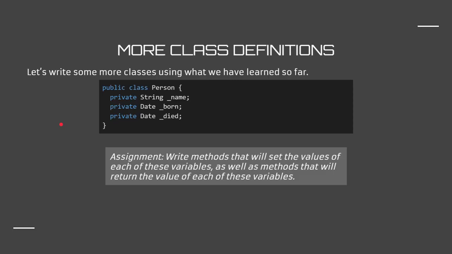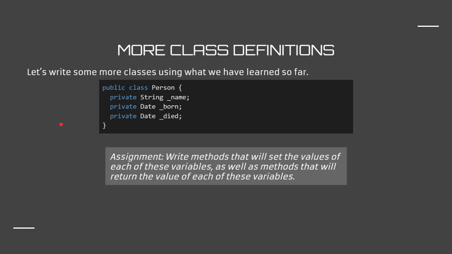So the assignment is to write methods that will set values of each of these variables, as well as methods that will return the value of each of these variables. So you are to create a person object with a name, a birthday, and a death day, and you will be making setters and getters.